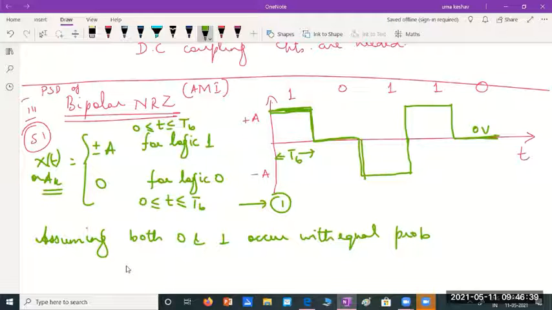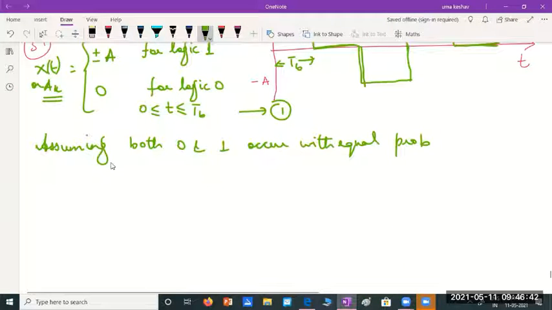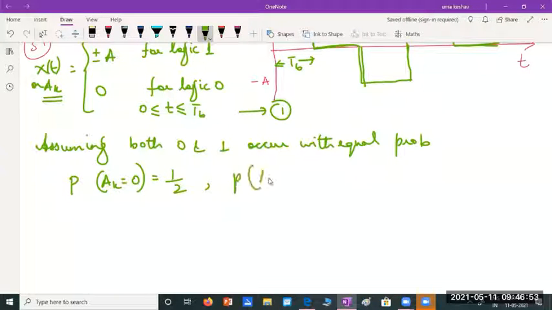Okay, what should I consider? Here I'll have one additional case. Probability that AK is equal to 0 will be half, and probability that AK will be equal to plus or minus A will also be half.